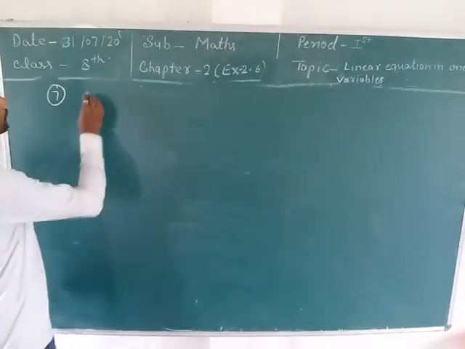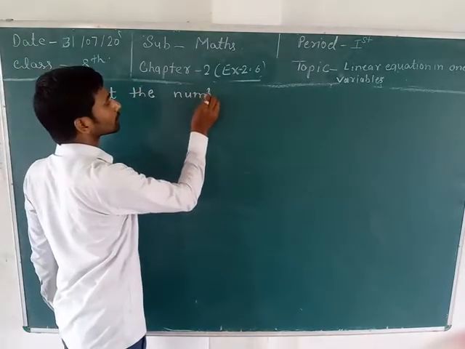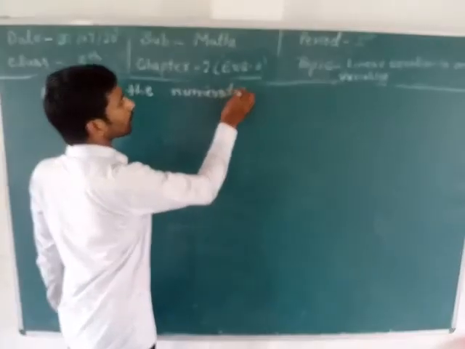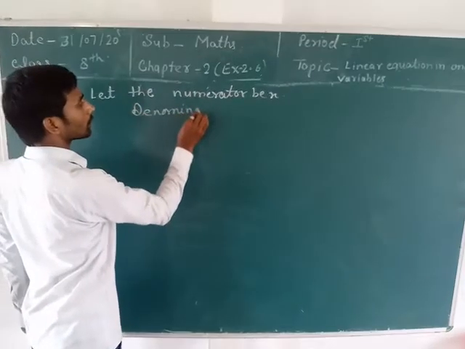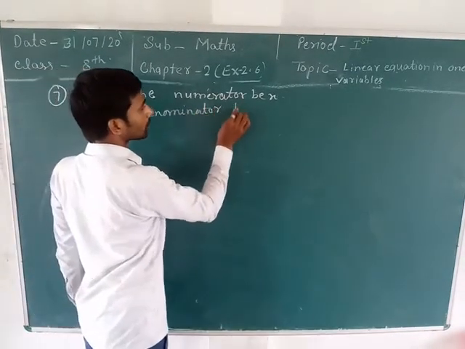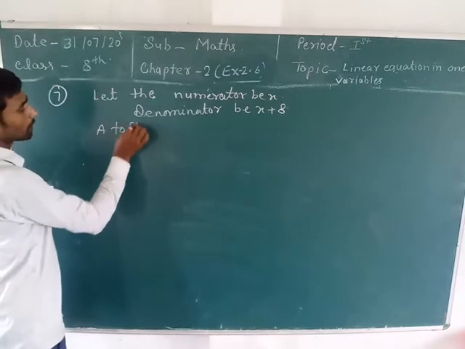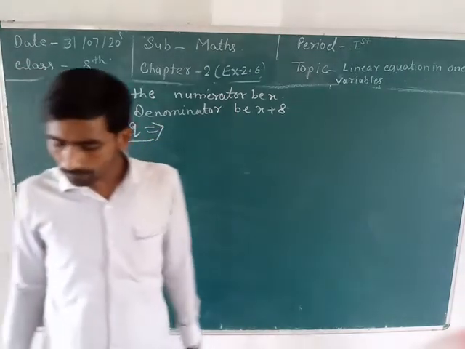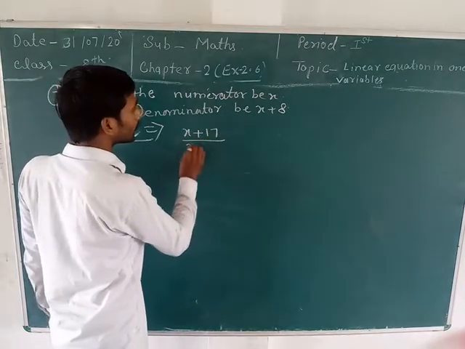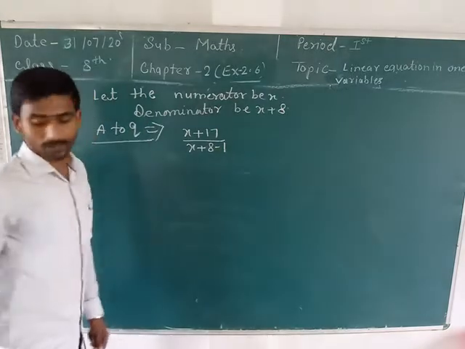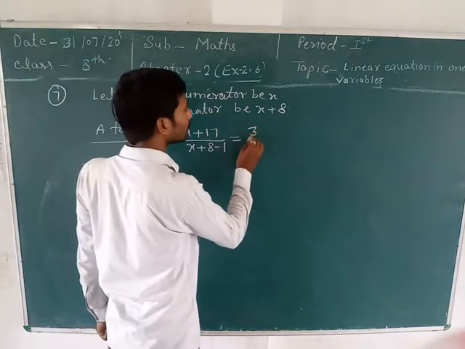So let the numerator be x and the denominator be x plus 8. According to the question, when we increase the numerator by 17, means x plus 17, and decrease the denominator by 1, x plus 8 minus 1, then we get the rational number 3 upon 2.